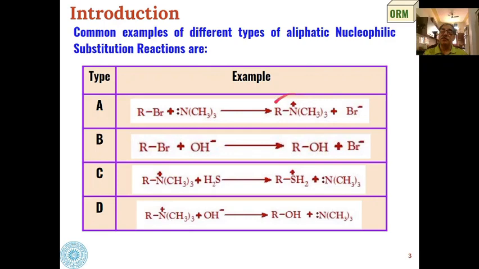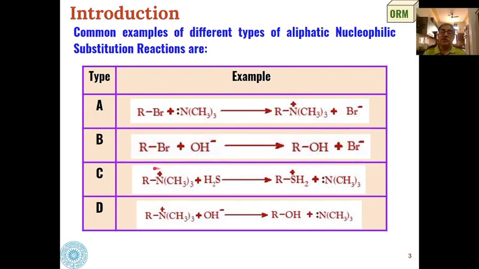So this will have a positive charge, this bromide will be negative, so we will get quaternary ammonium salts as the product. Second category is a neutral substrate and an anionic nucleophile. So alkyl bromides react with hydroxide ion, and we will get alcohols and bromide ion as the product.